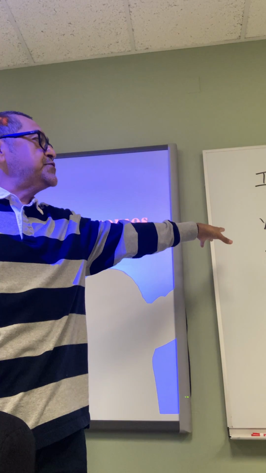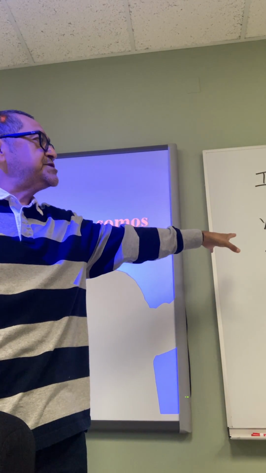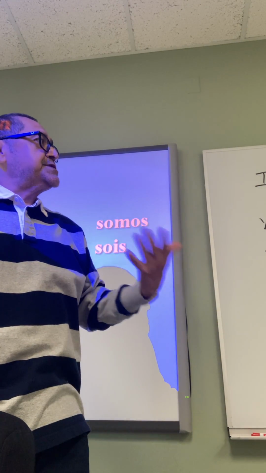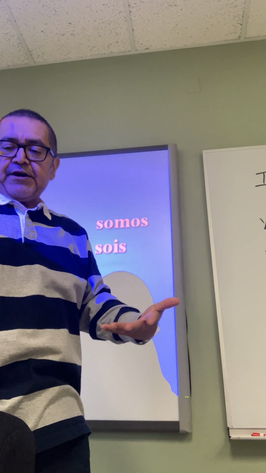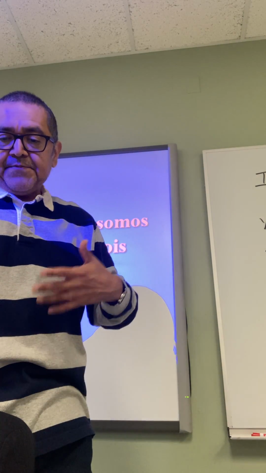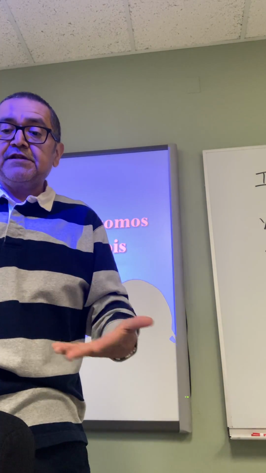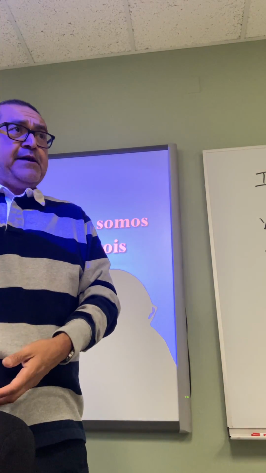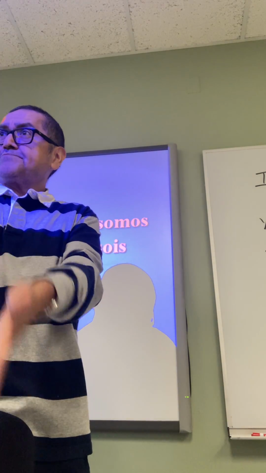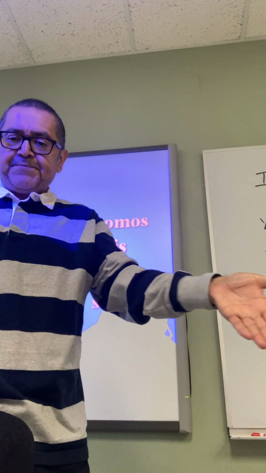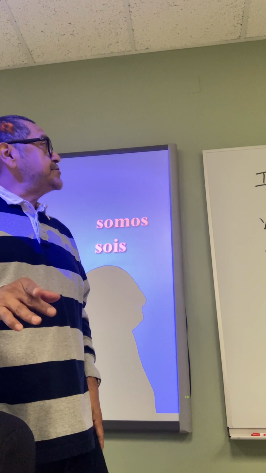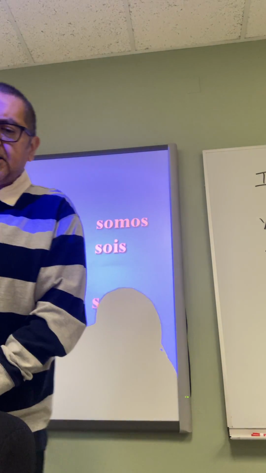Vosotros is the plural of tú, ustedes is the plural of usted. Vosotros is only used in Spain. Everywhere else they use ustedes, etc. If you need to review it, I am recording, but you can also read the book.